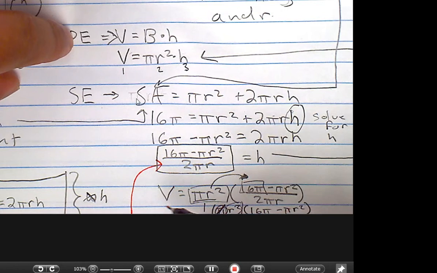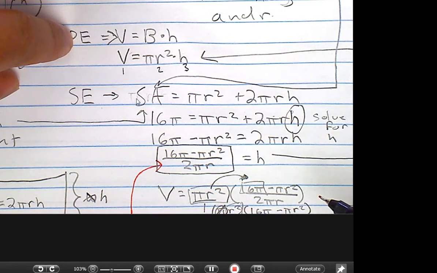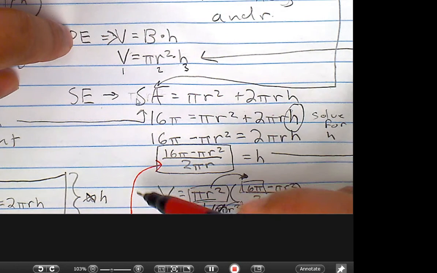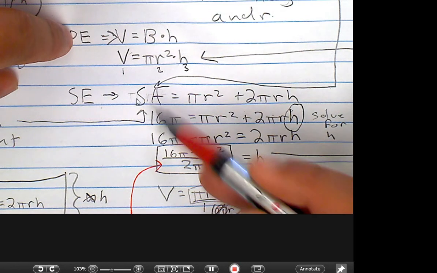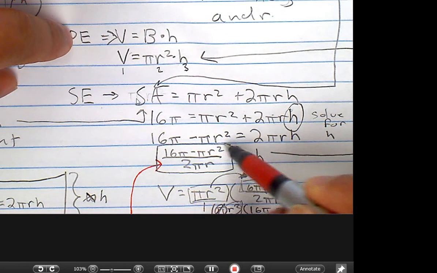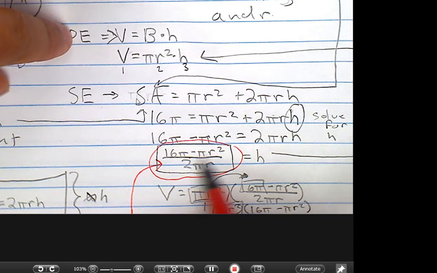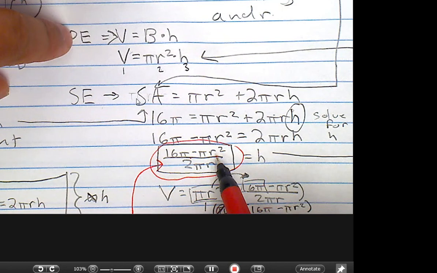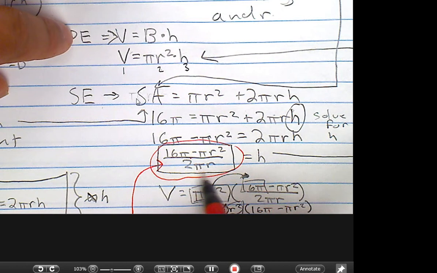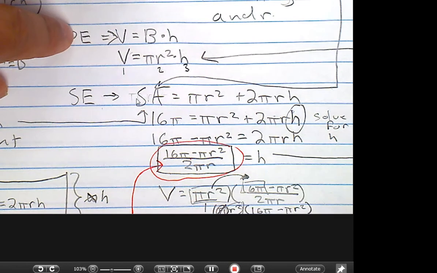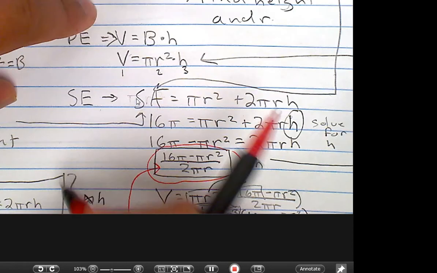Actually, plugging it into any of these would work, but this is probably the best one. So in your calculators, you need to do 16 pi minus pi times 4 over square root of 3 squared, divided by 2 pi times 4 over square root of 3. Let's find out what we get for h.